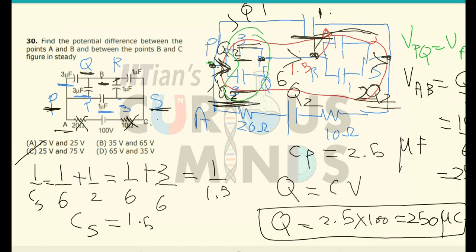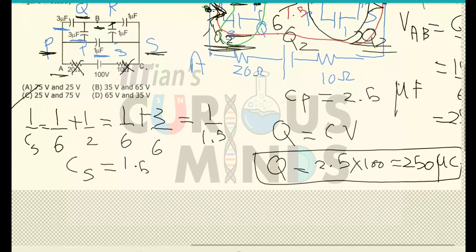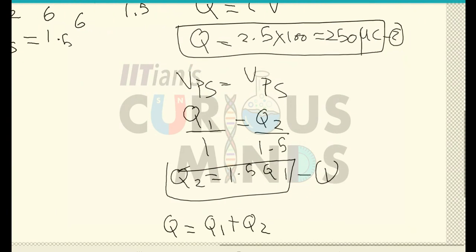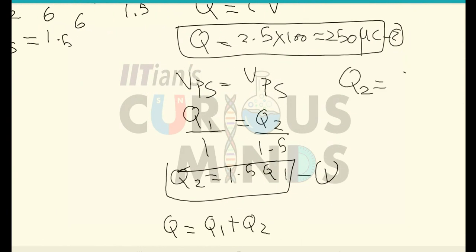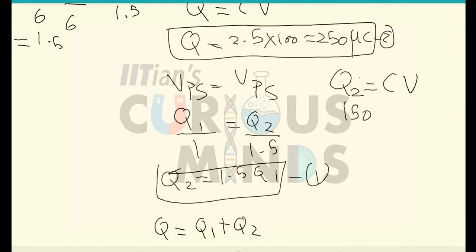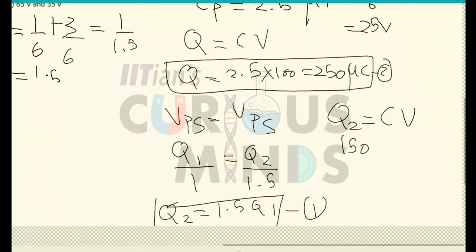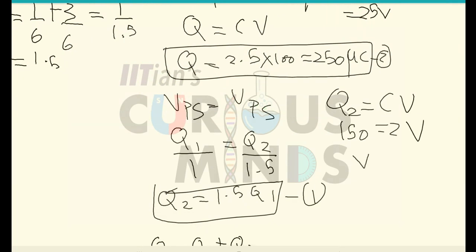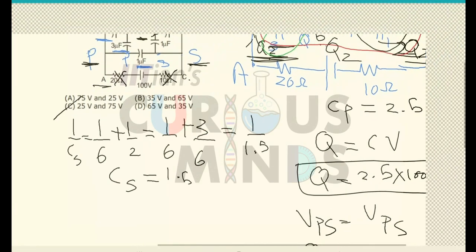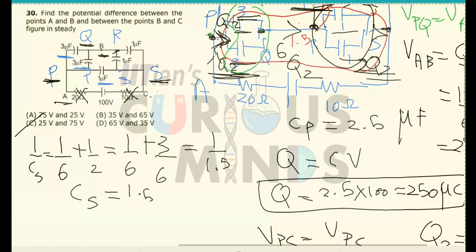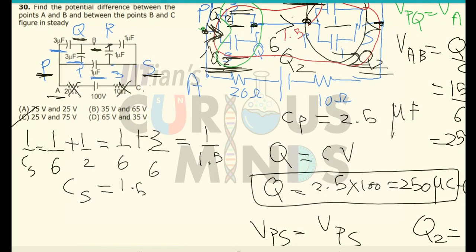So the charge across these two capacitors is also equal to Q2. Q2 will be equal to C into V, and Q2 is equal to 150 microcoulomb. Now the 1 microfarad and 1 microfarad capacitors are connected in parallel, so the resultant will be 2 into voltage. Voltage will be equal to 75 volt. So the voltage across AB is 25 volt, and the voltage across BC or CB is equal to 75 volt, which is option number C.